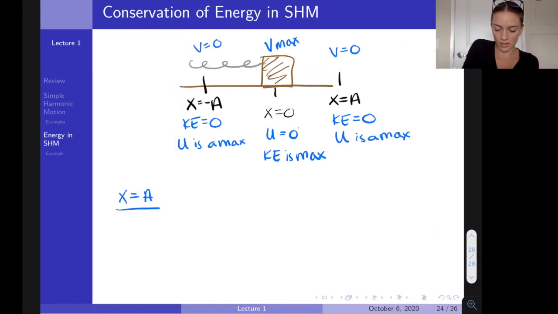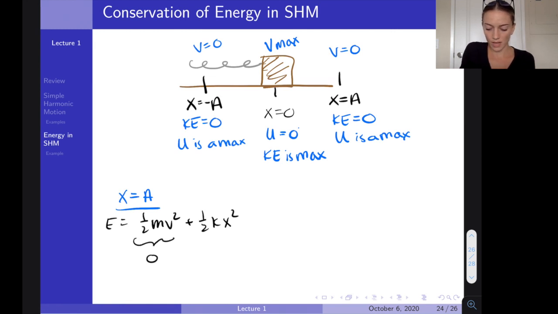To find our total energy, we have 1/2 mv squared plus 1/2 kx squared. Our velocity here we said is 0, so our kinetic energy is 0, and for the potential energy, we plug in the position at its maximum, which is A, and we get 1/2 k A squared. So the energy at that point is 1/2 k A squared.